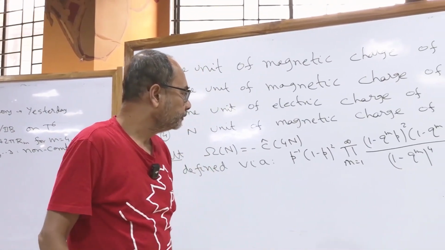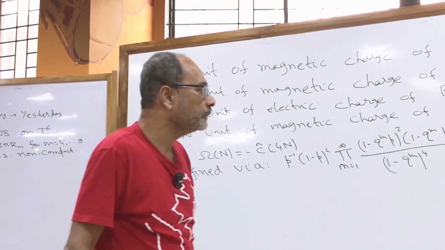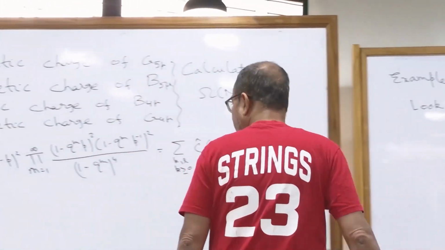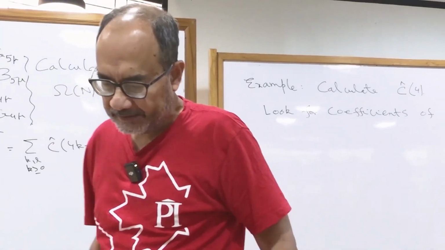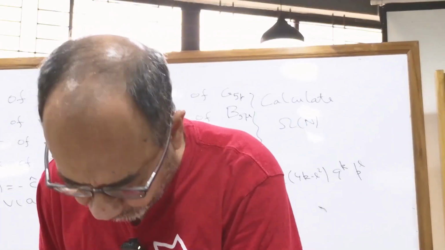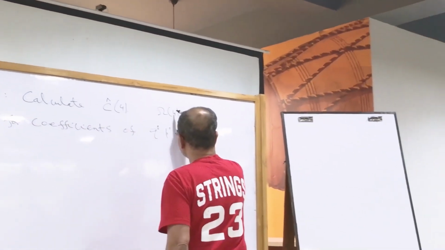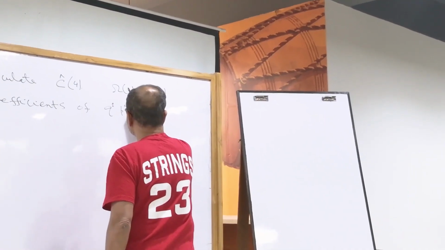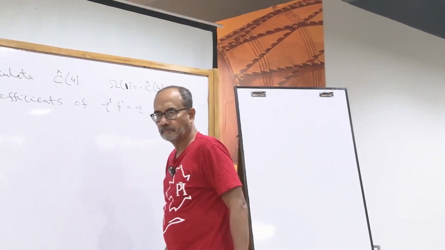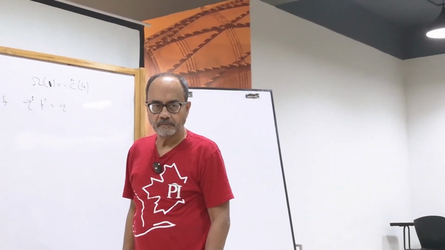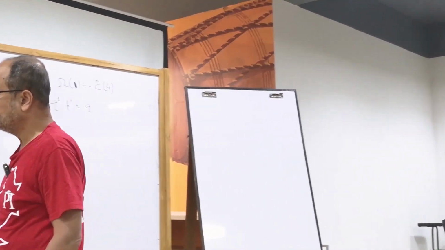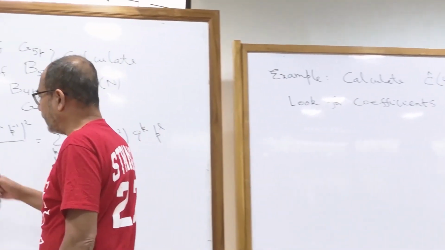Omega of, okay, thank you. In fact, let me just see the convention. Yes, omega of N, omega of 1. So let's pick the M equal to 1 term.